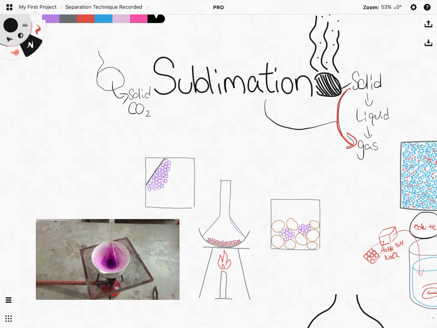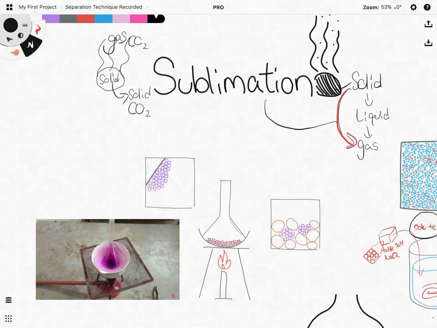Instead, it immediately turns into gaseous carbon dioxide, the usual carbon dioxide you are familiar with. And that is sublimation, right? We often use dry ice to keep our ice cream cakes cool, to keep ice cream cold for a very long period of time. Dry ice is an example of a solid that is able to go through the process of sublimation from solid straight to gas.